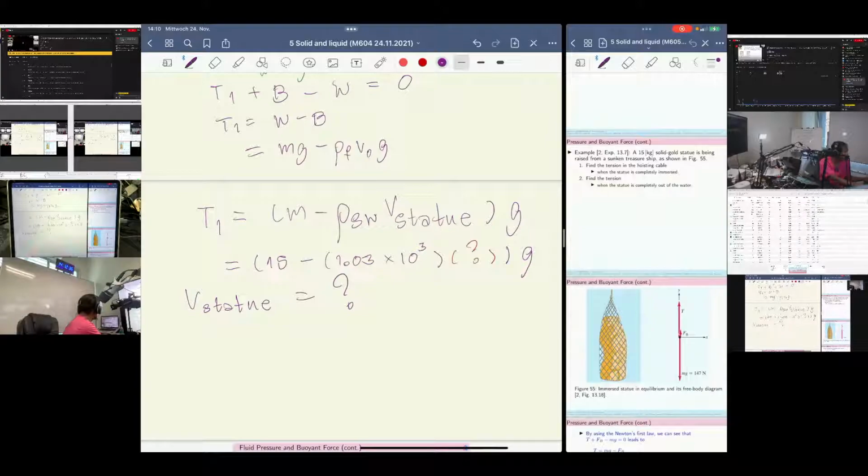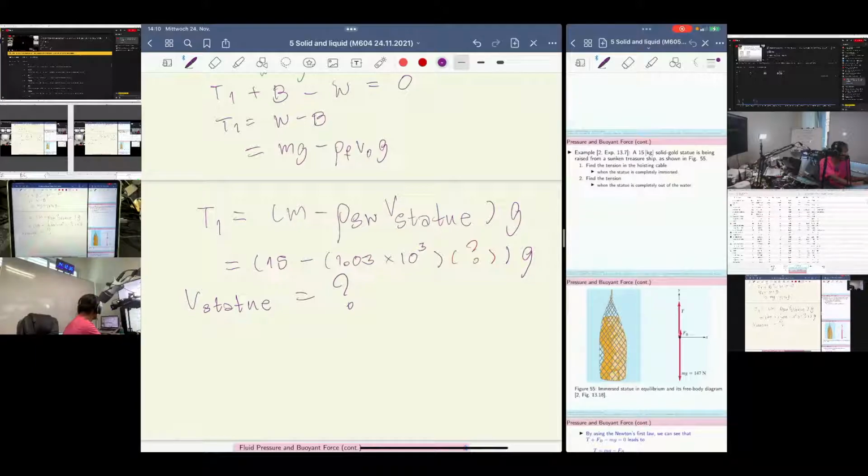The ratio here is the mass of the statue, which is, oh, I'm stupid. This is the same thing, right? I'm sorry for that. M here and M here are the same, so we move M to the front.